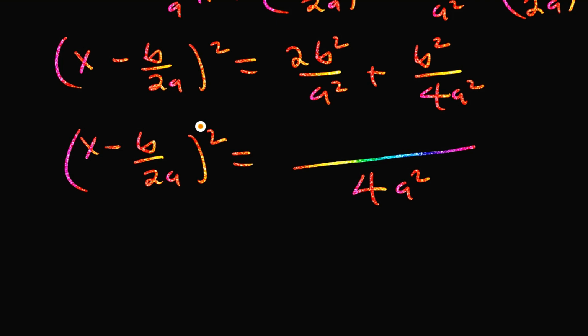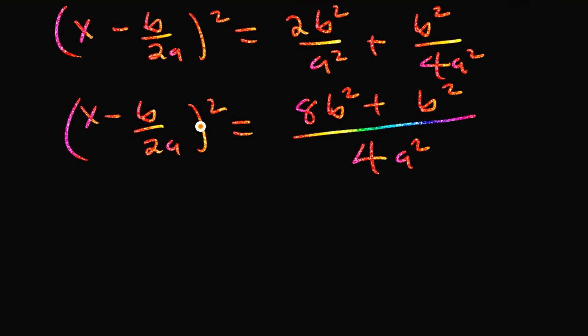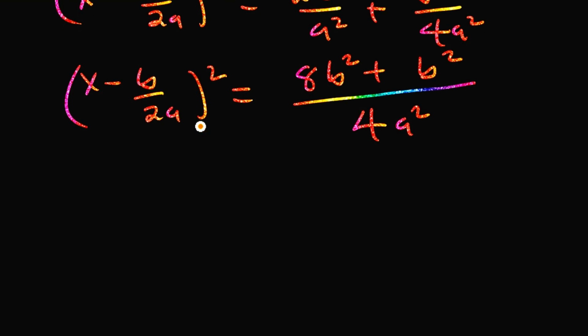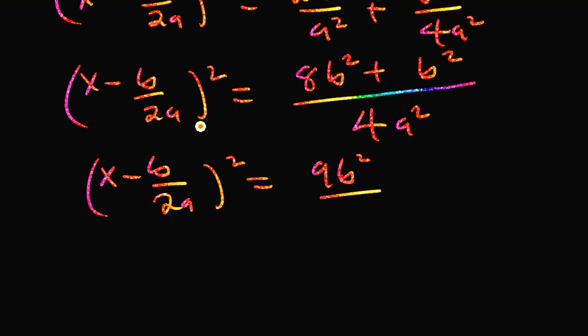So a squared into 4a squared 4 times. 4 times 2b squared is 8b squared. Now plus 4a squared into 4a squared 1. 1 times b squared is just b squared. So what we have now is x minus b over 2a squared being equal to 8b squared plus b squared is 9b squared over 4a squared.